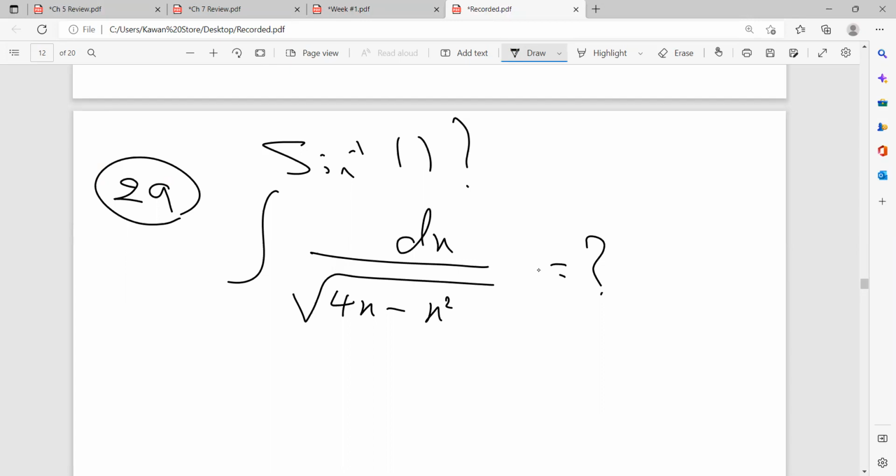Why none of them? There is 2x, thank you. There is no number minus square, right? We have 4x, so there's a problem with the x. If I forget about that x, everything is done, right? It will be what if I cancel that x? It will be which formula? Sine inverse, right? You are right.